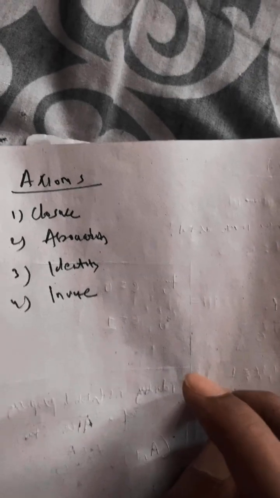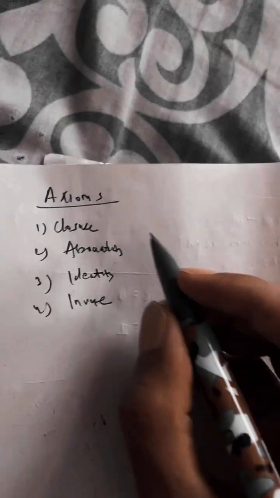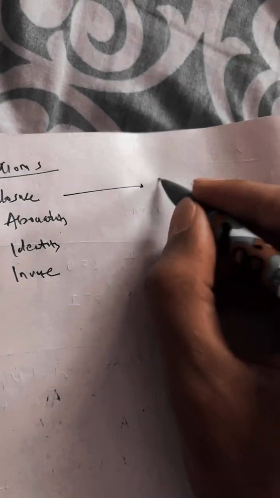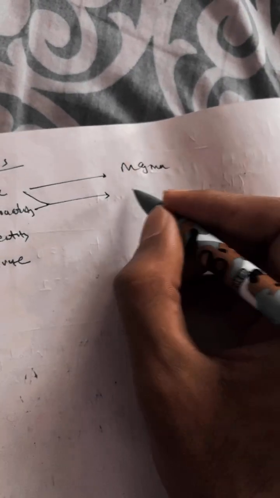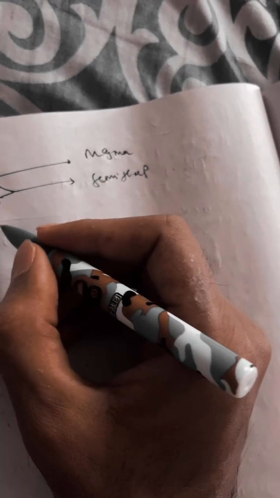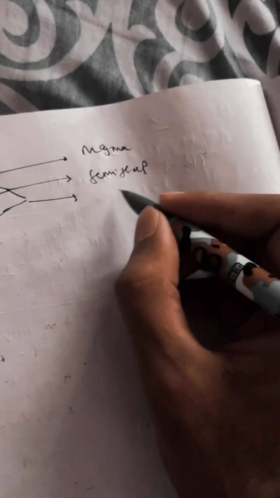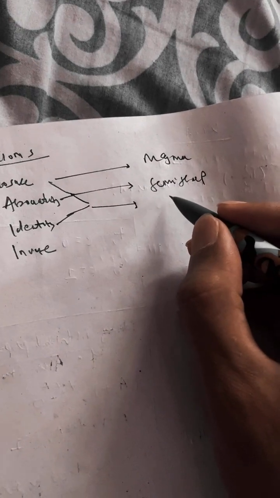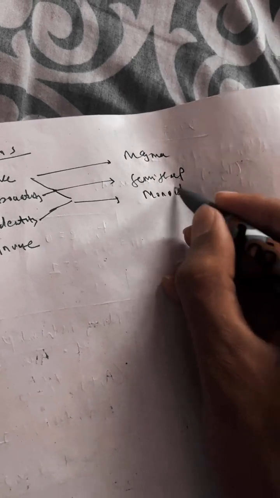Based on what axioms an algebraic structure satisfies, we give them names. For closure only, we say it is a magma. For closure plus associativity, we call it a semi-group. For closure, associativity and identity, all three together, we call it a monoid.